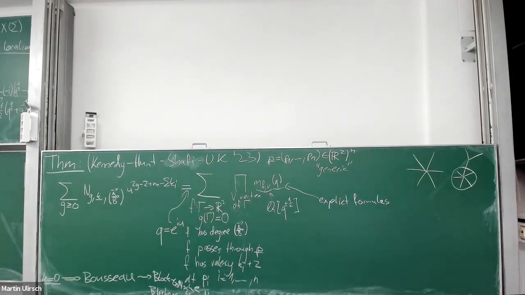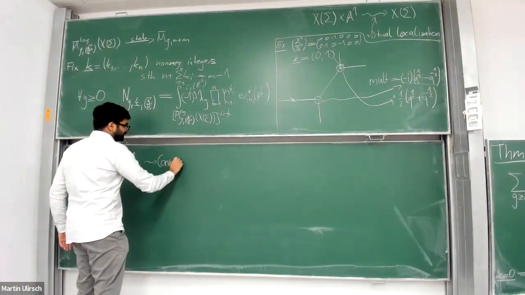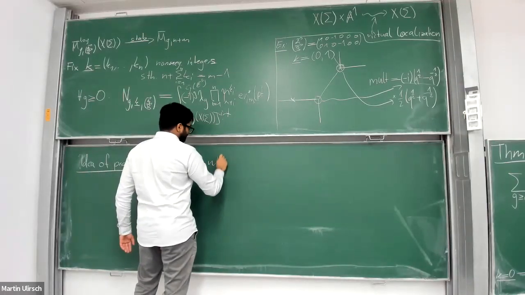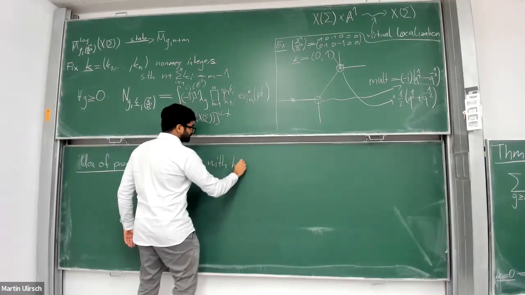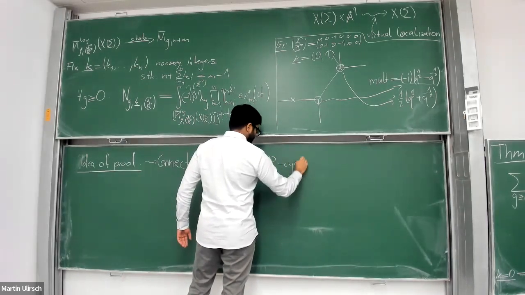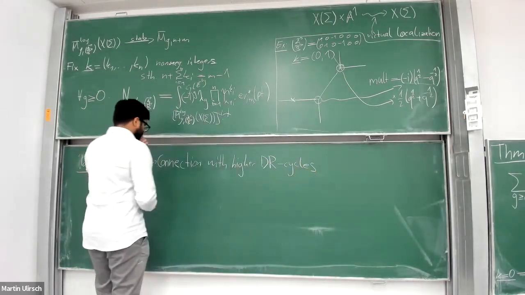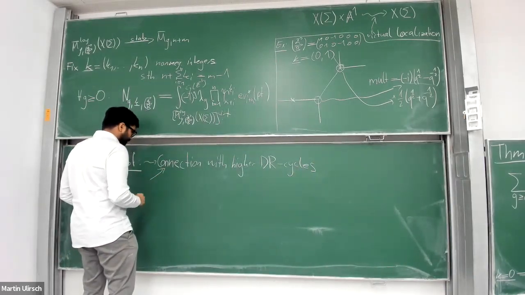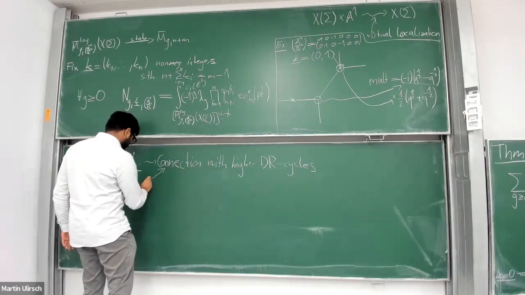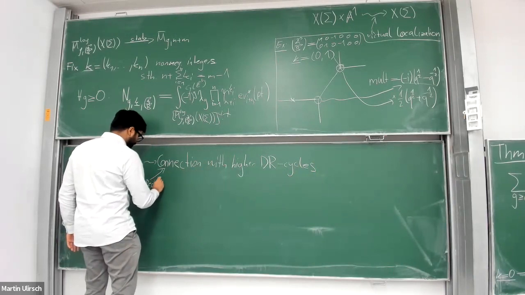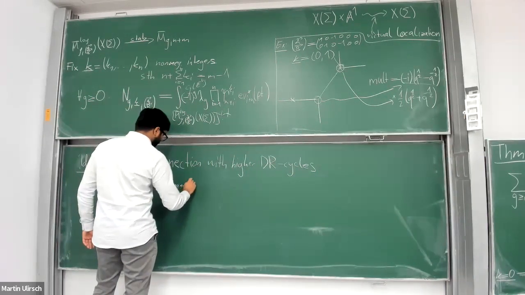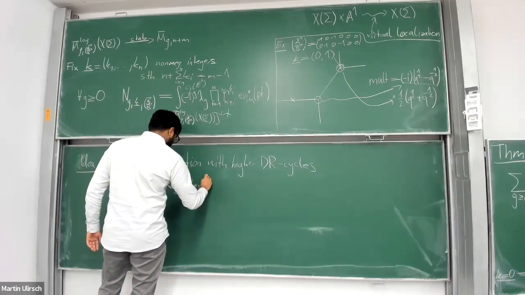To calculate these vertex contributions, what is important is to connect these log Gromov-Witten invariants with something called higher double ramification cycles, or DR cycles. The result that facilitates this connection is the result of Holmes, Schmitt, Ranganathan.